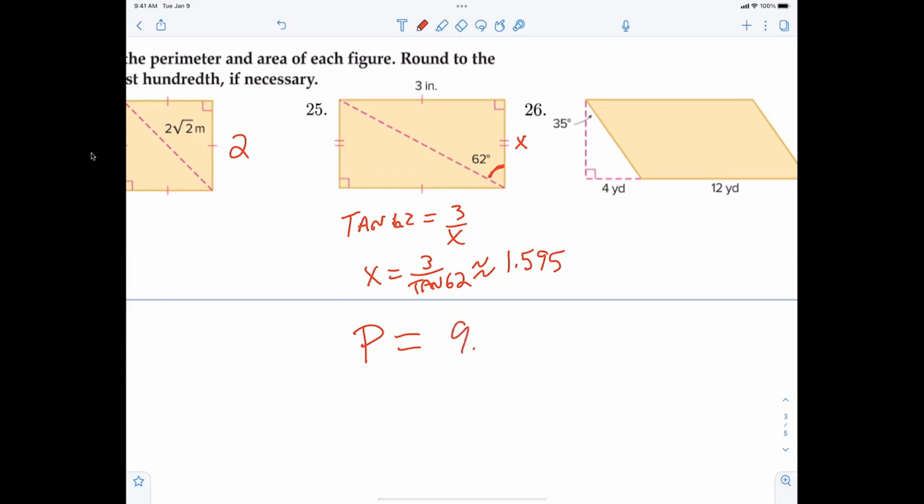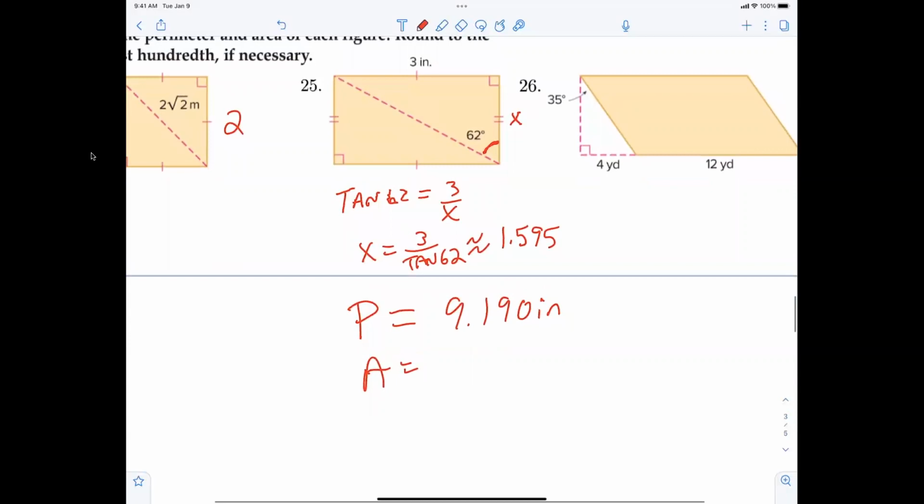Oh, never mind. 9 point what? 19. All right, and we'll say inches. Are you okay with that now? Okay. And my area, of course, is going to be what? 4.789, did you say? 85. And we'll call that what units? Inches squared.